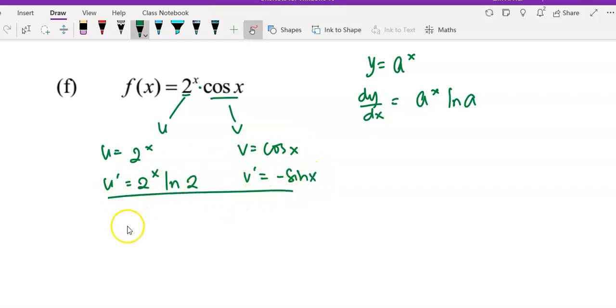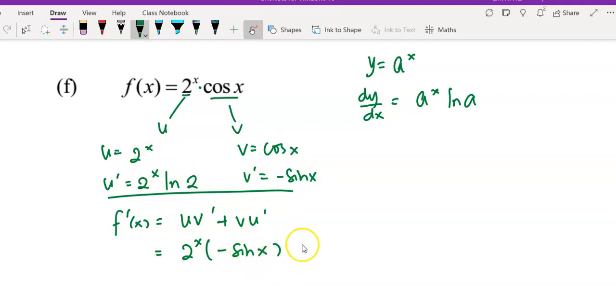And substitute all this into your formula of the product rule, that is u v prime plus v u prime. u will be 2 power of x, and v prime is negative sine x. Plus cos x will be the v, and u prime is 2 power of x log 2.